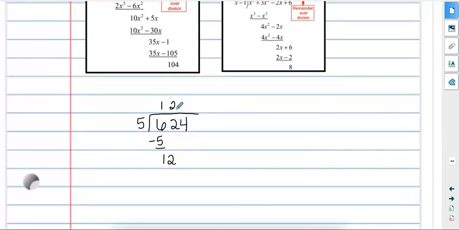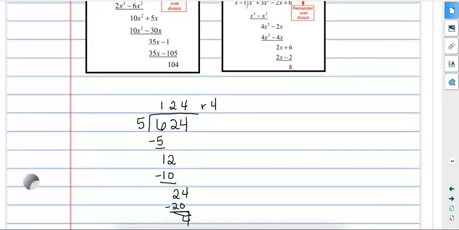2 times. 2 times 5 is 10. We're going to subtract. Bring down. The difference is 2. Bring down the 4. How many times does 5 fit into 24? 4 times. 4 times 5 is 20. The difference is 4. Now, there's nothing else to bring down, so 4 is your remainder. Remember, in elementary, we used to write 124 remainder 4.